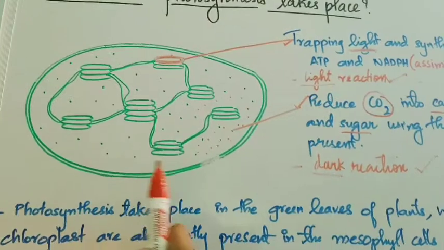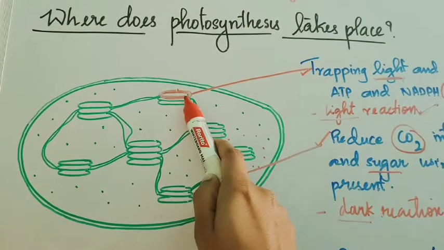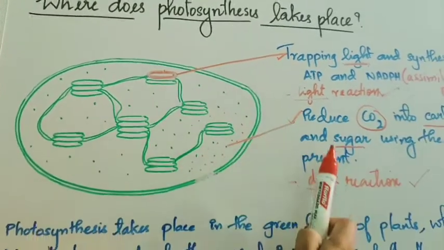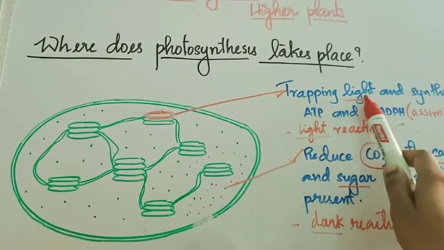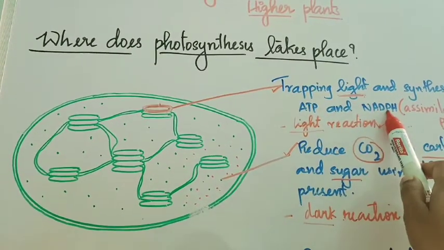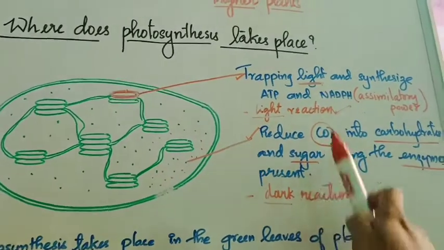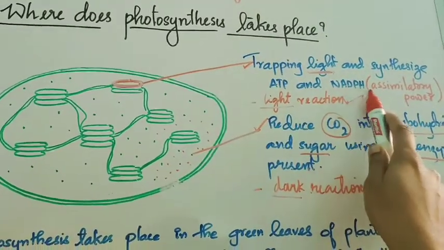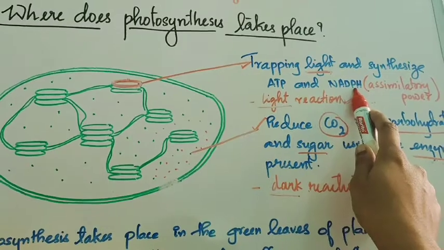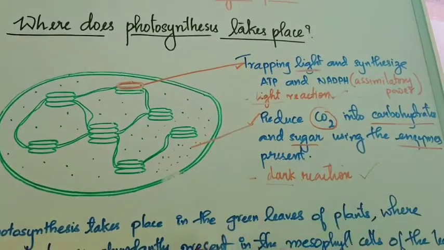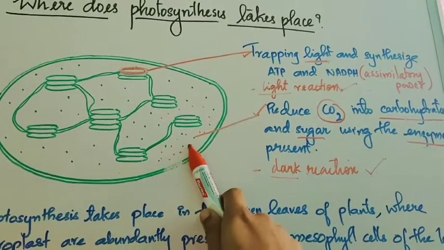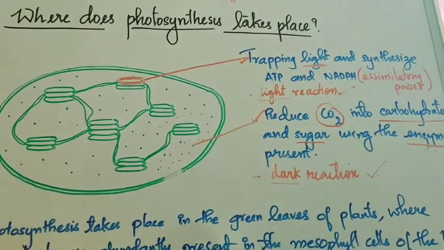And within the chloroplast, light reaction happens in the thylakoid membrane. Dark reaction happens in the stroma. Light reaction involves trapping of light and synthesis of ATP and NADPH. Dark reaction involves using this assimilatory power, the ATP and NADPH produced, to convert carbon dioxide into carbohydrates and sugar, also with the help of some enzymes present in the stroma.